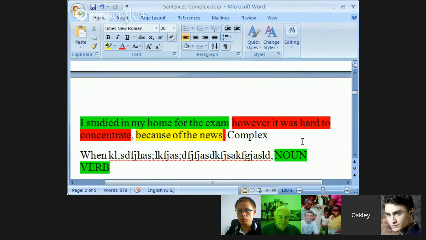That he studied at home, and at the same time it was hard to concentrate. What is the principal message in this sentence?